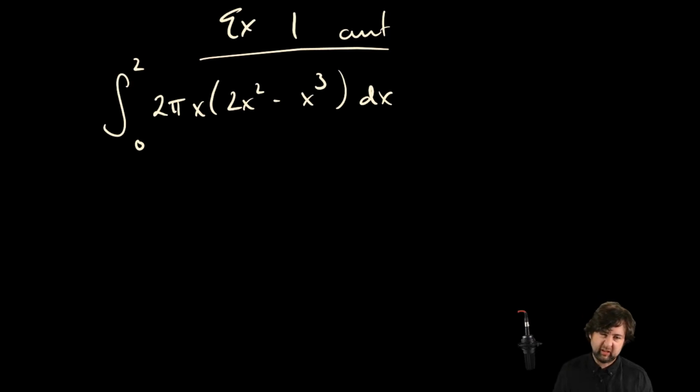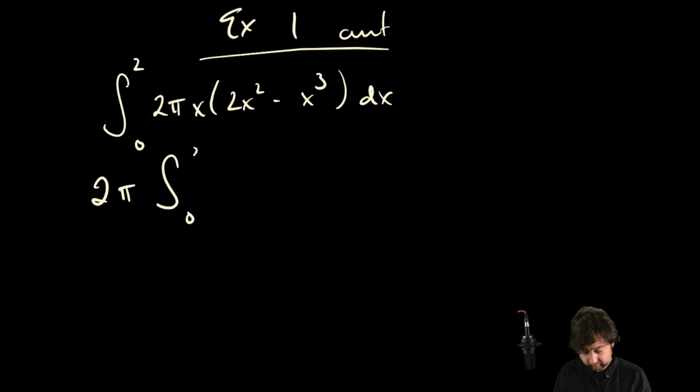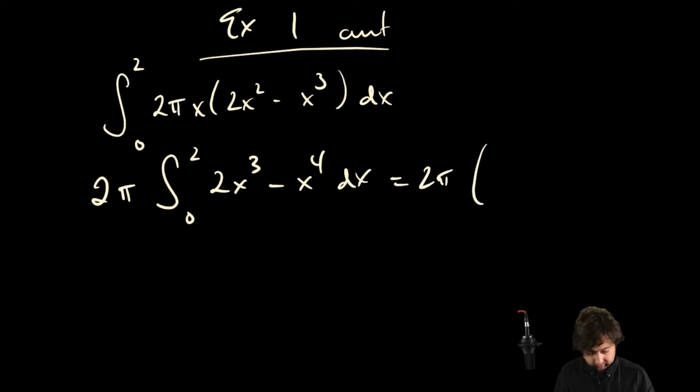All right, so pretty standard integral here. It's just going to be polynomials. Remember that when you're dealing with integrals, you have to multiply everything out first before you do it, okay? So I'm going to pop the 2 pi out front and then multiply the x in. That gives me 2 pi times 2 over 4 x to the fourth minus 1 over 5 x to the fifth, evaluated from 0 to 2.